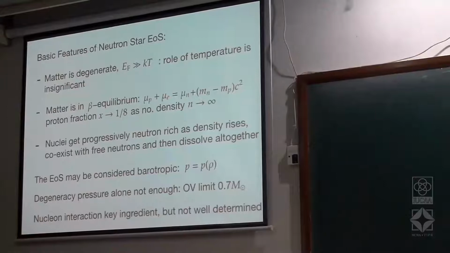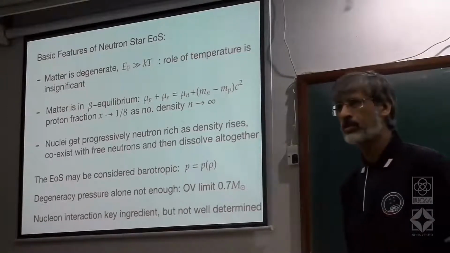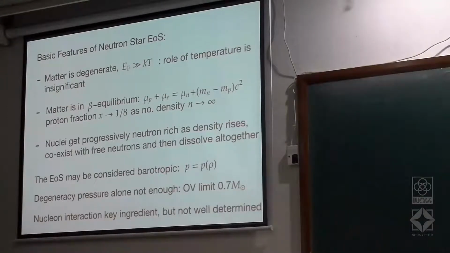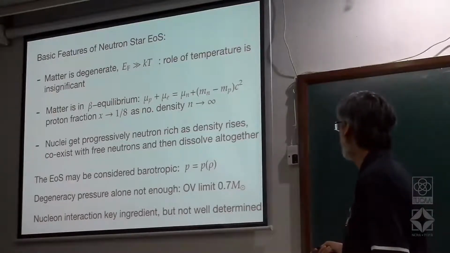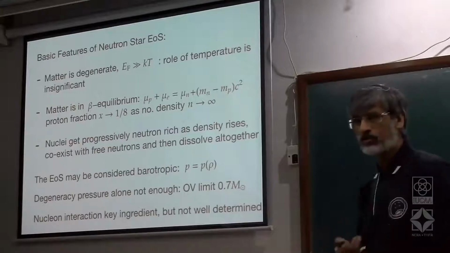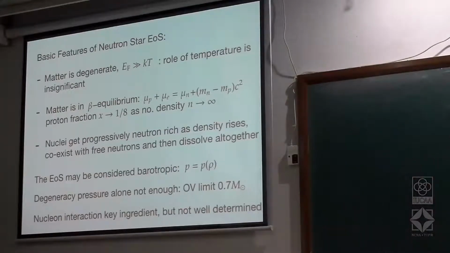So deep in the interior, you can get about 10 to 12% of protons, and the remainder being neutrons. And we will have electron number density equal to the proton number density for charge neutrality.